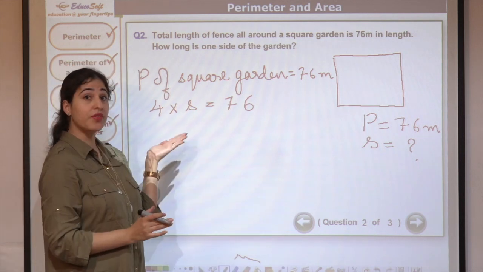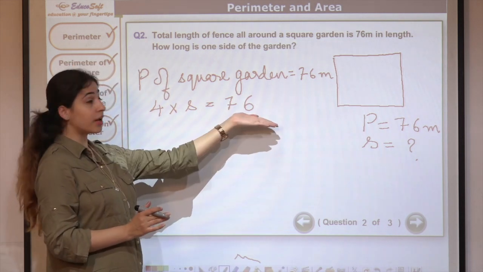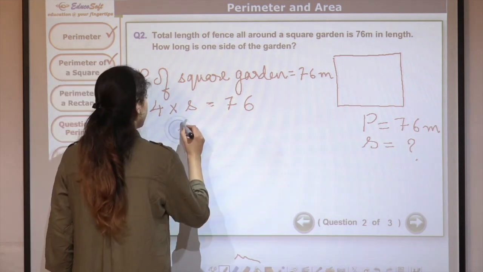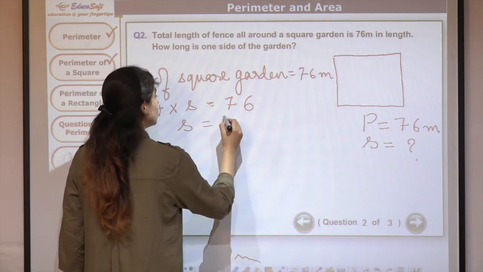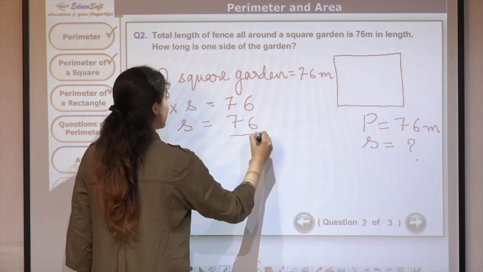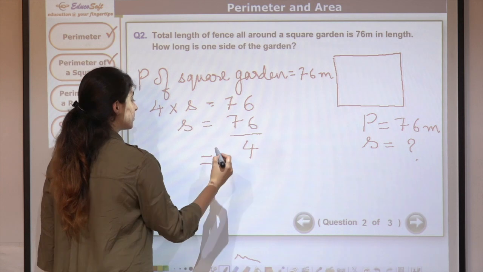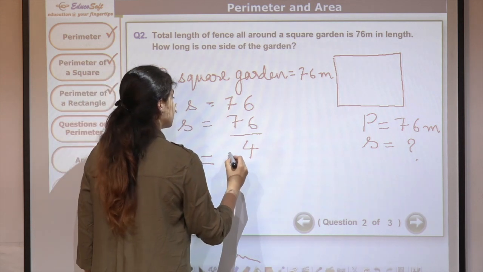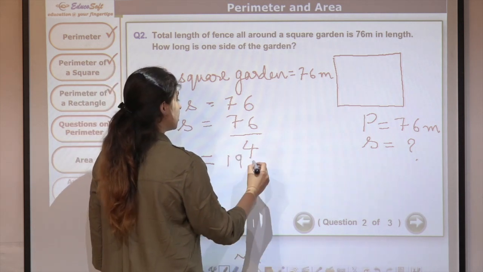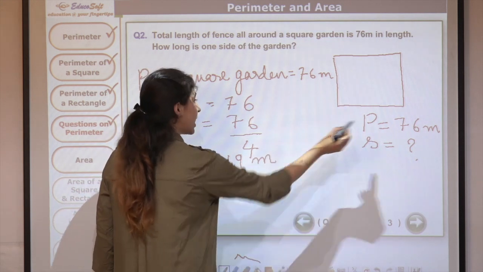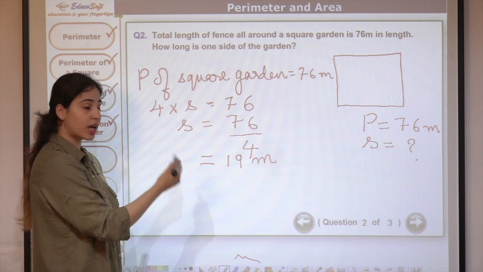So, for that we divide the entire equation by 4. So, we have S is equal to 76 divided by 4. Let us quickly divide it. 19. We have 19 meters, same units, perimeter and the side.